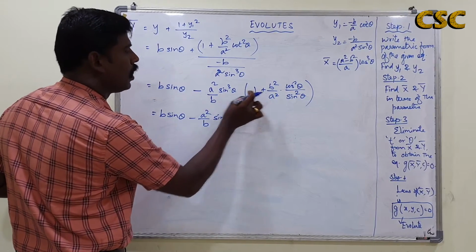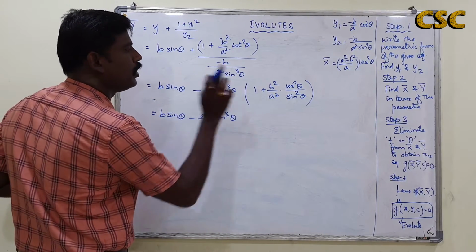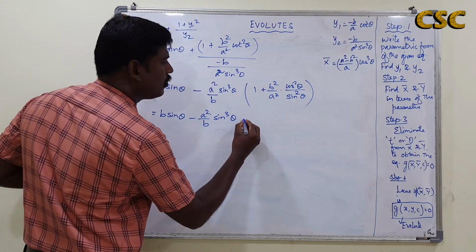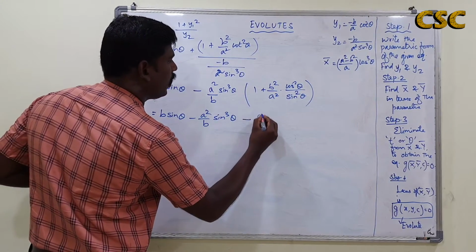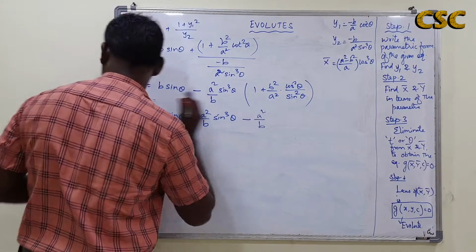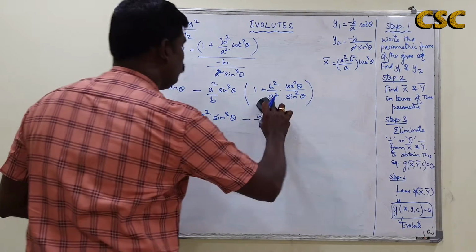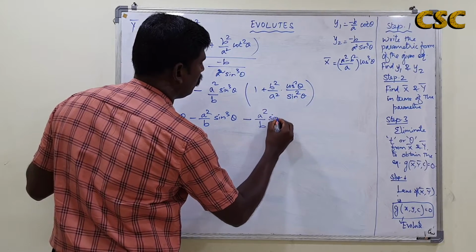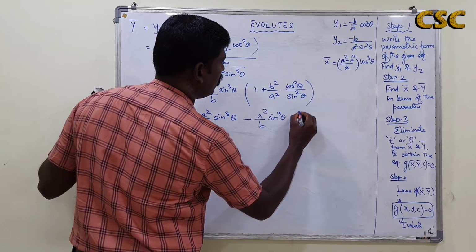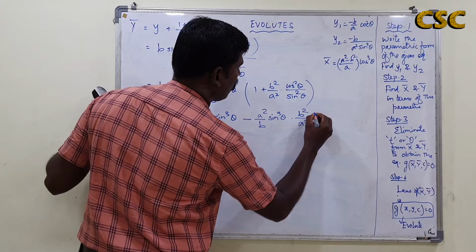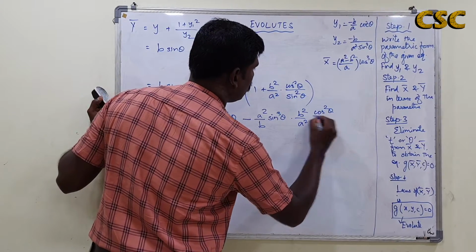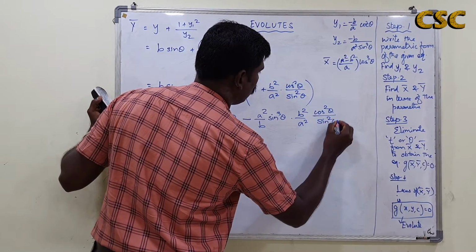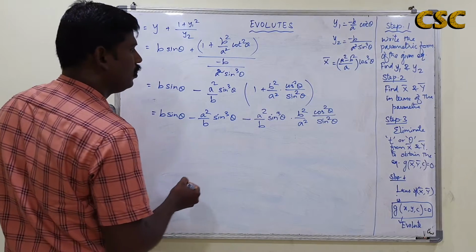Multiply this with 1, you get minus a square by b sin cube theta. Minus into plus minus a square by b sin cube theta into b square by a square cos square theta by sin square theta, isn't it? Right?